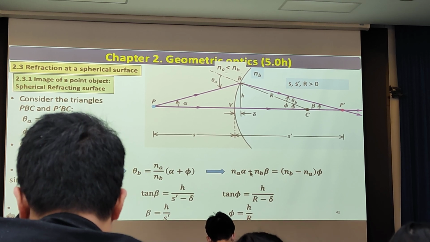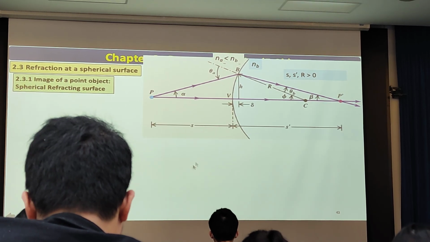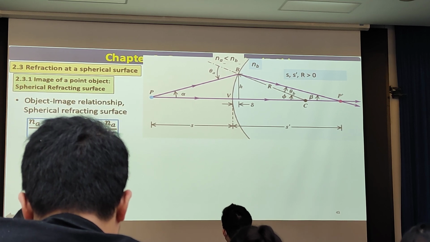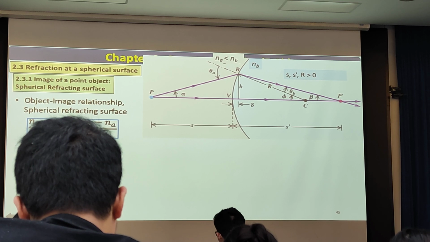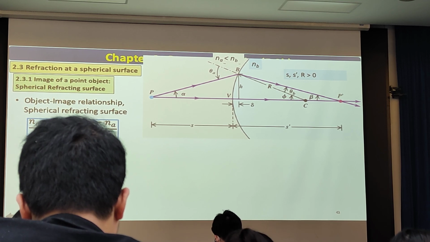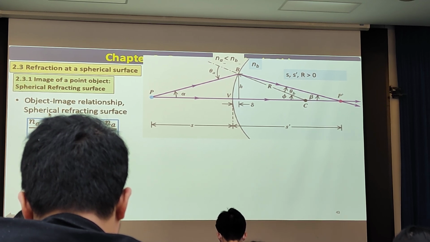So now you replace into this formula from here to here, you will have this relationship NA over S plus NB over S prime equals NB minus NA over R. So this is the object image relationship in the case of spherical refracting surface.